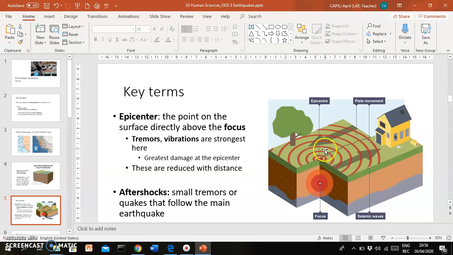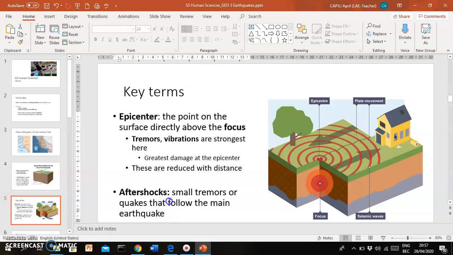Okay, so the tremors, the shaking, the vibrations are strongest here. So destruction is massive in this area, and then the energy, the force, and the destruction, at least in principle, are reduced as you move farther away from the epicenter.